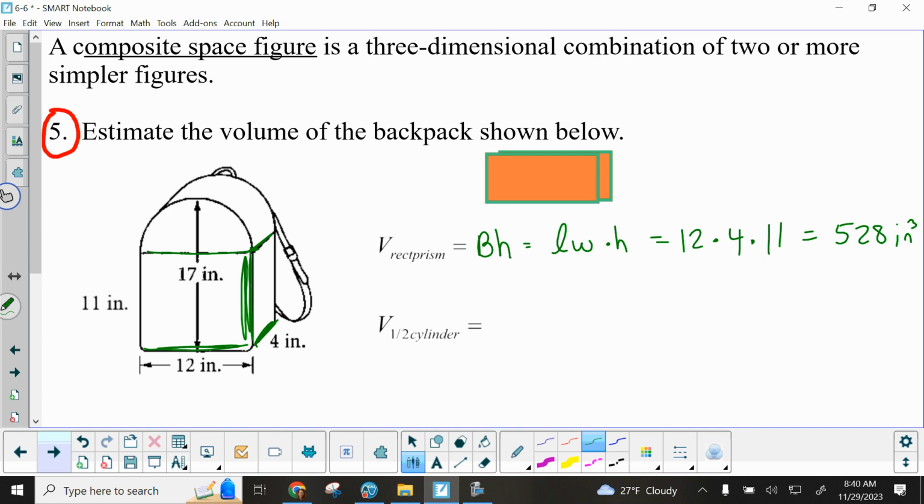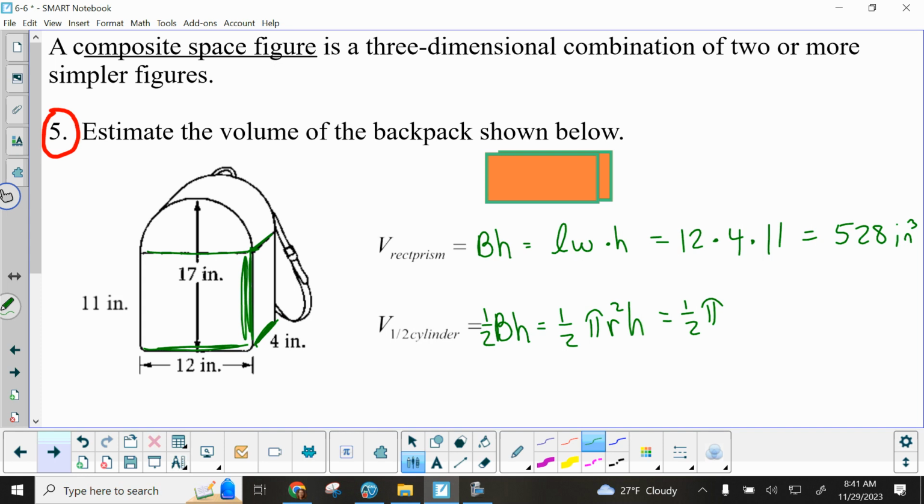Now I'm going to do half the cylinder. Well, remember, cylinder is also base area times height, but I'm doing half of it. And the area of a circle is pi r squared. That's for the base area, and then times the height. So I've got half pi, and now I have r squared.